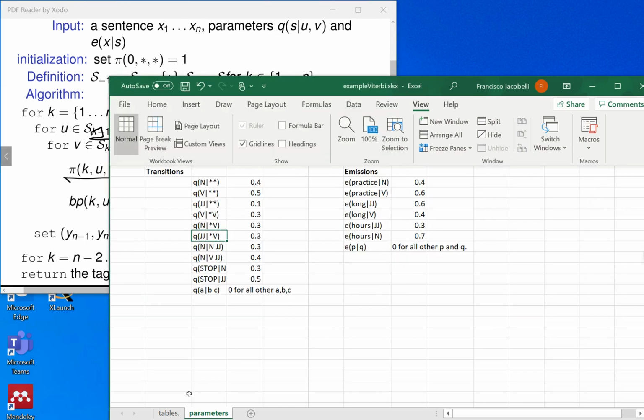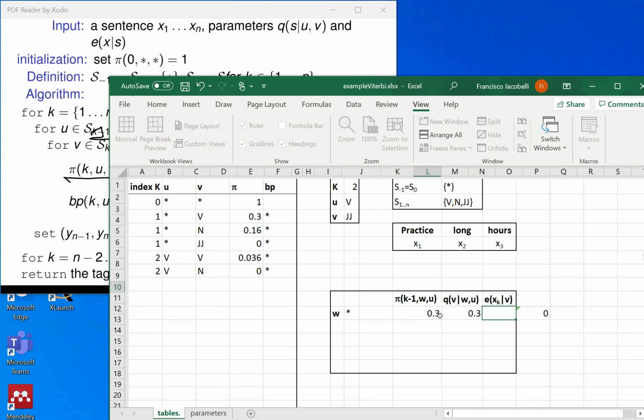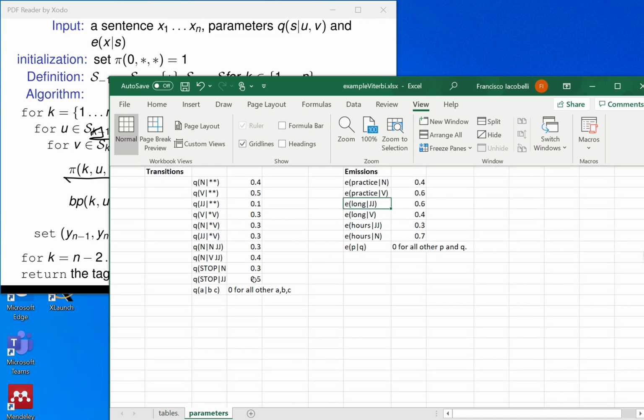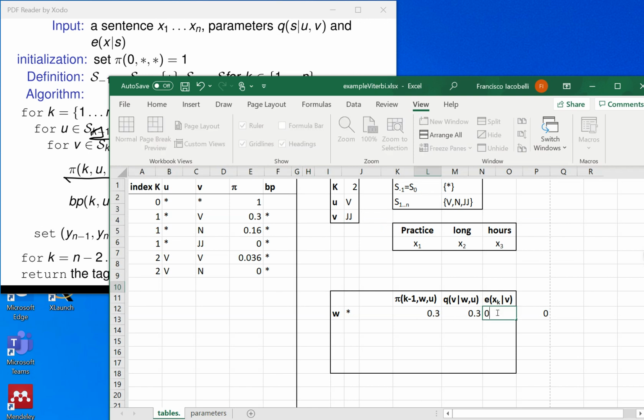And we're going to look at the emission of long, that's the second word we're looking at, long as a JJ. And long as a JJ is 0.6. So 0.6, and we get a total, by the way, I'm storing the multiplication here, of 0.054. So the pi of 2 V JJ is 0.054. And the tag that generated that was the star, and we're ready to do the next iteration.